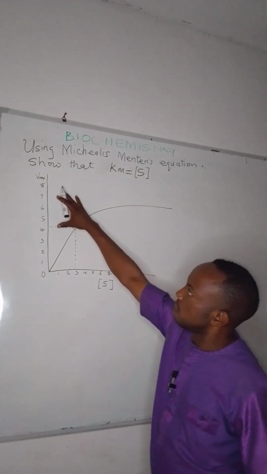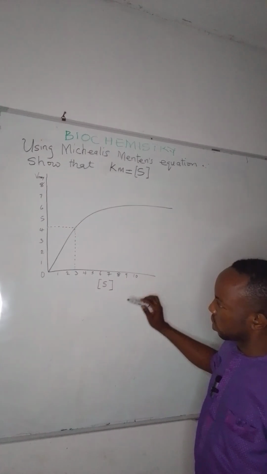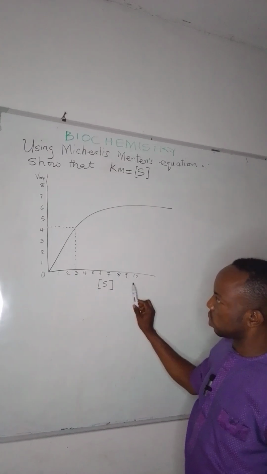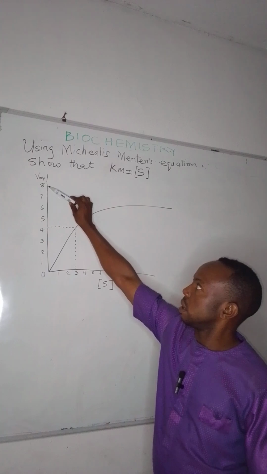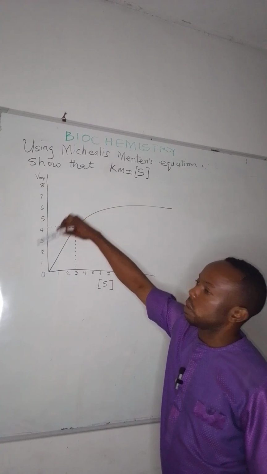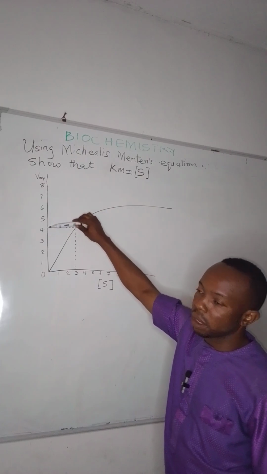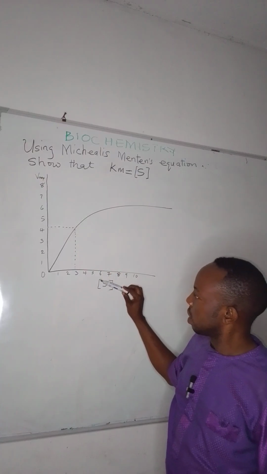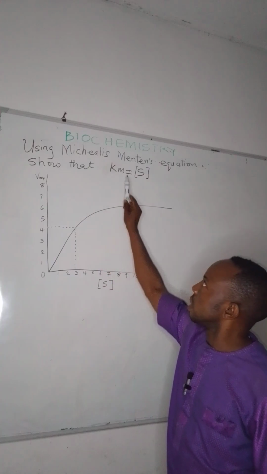This graph is the graph of velocity versus substrate concentration. This is velocity, this is substrate concentration. The maximum velocity of this reaction here is 8. So half of this Vmax here is somewhere around 4. Any concentration of substrate that corresponds to half of Vmax is known as Km.